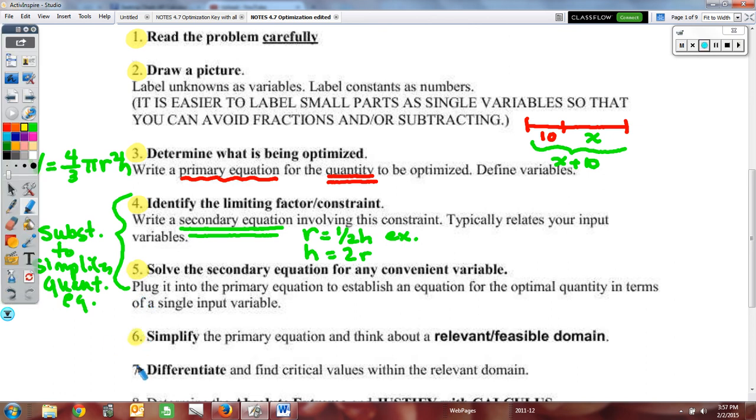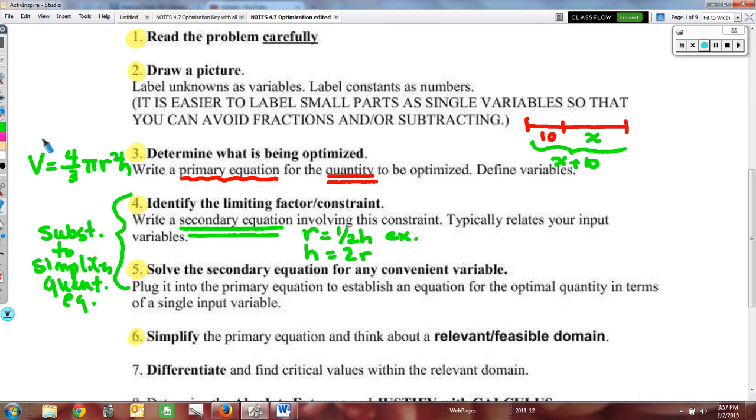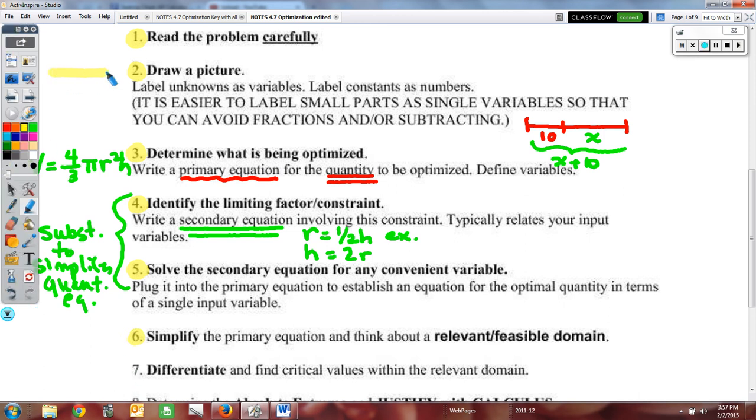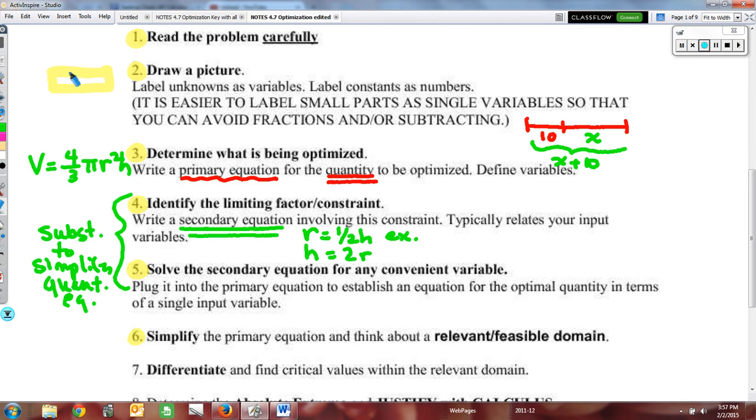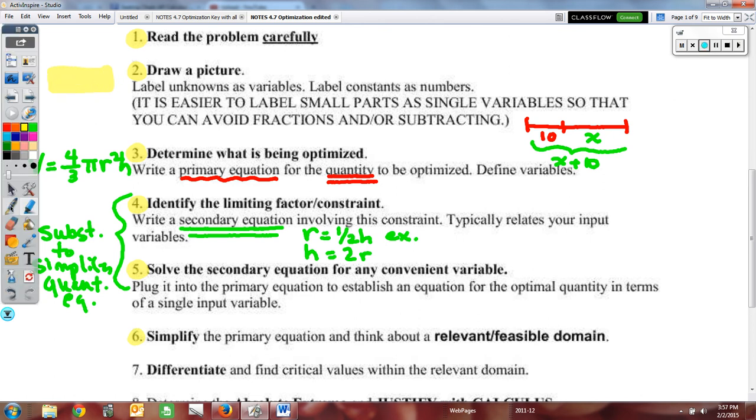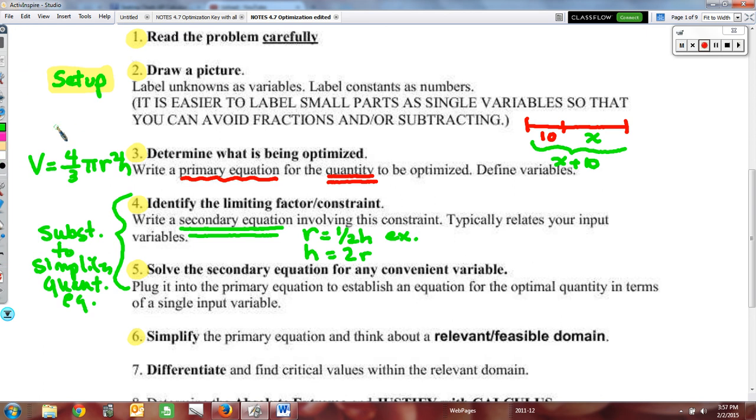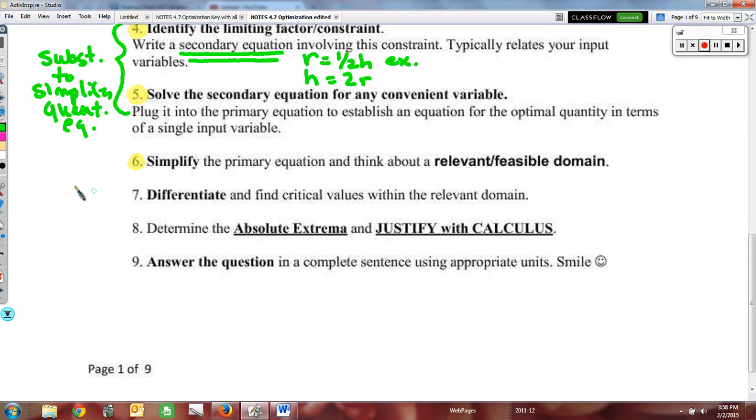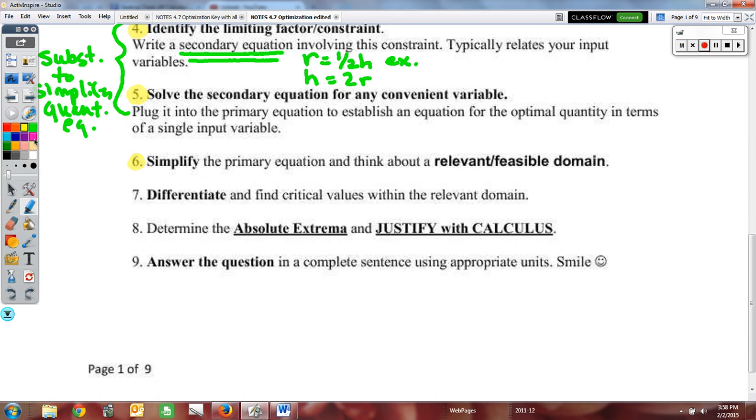Actually, all the way down here to 6, all of these steps are really nothing more than you doing the setup of the problem. And so it's going to allow us to get ready to do the calculus, to identify the problem, the variables, the relationships, and to set it up so that we're ready to use calculus in order to answer the question that we had. So calculus doesn't come into play until we get down here to 7 and 8 and 9.